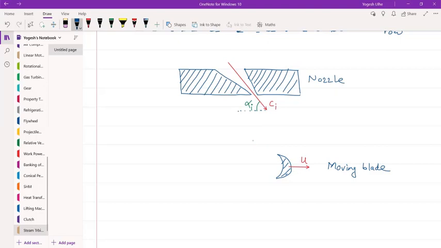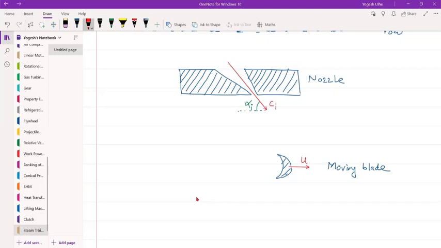Now suppose you assume the blade as stationary, though actually this blade is moving. When steam leaves the nozzle, it enters the moving blade like this and then goes out like this.